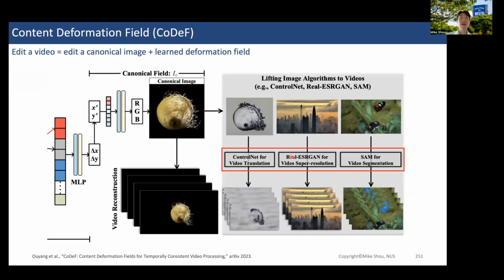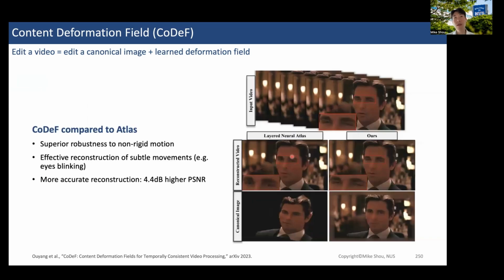More specifically, one thing to note is that because CoDeF decomposes the video editing problem into editing this 2D canonical image and then learning the deformation field over time, any editing algorithm for 2D images can be applied here for editing video, right?